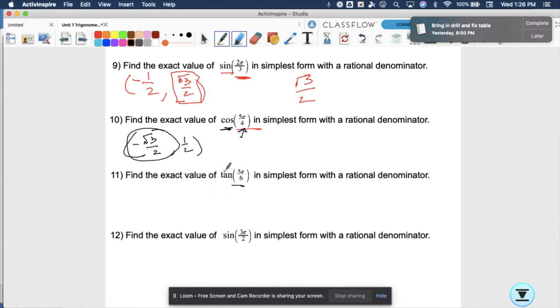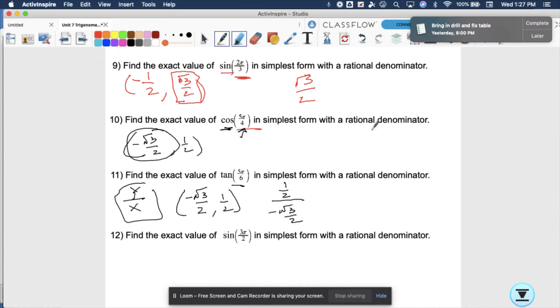A little bit of work here now with tangents. With tangents, it's the y value over the x value. So what we need to do is go to 5 pi over 6 on our unit circle. I'm going to write that down for you here. It's this x and y coordinate. So we're going to take the y over the x.